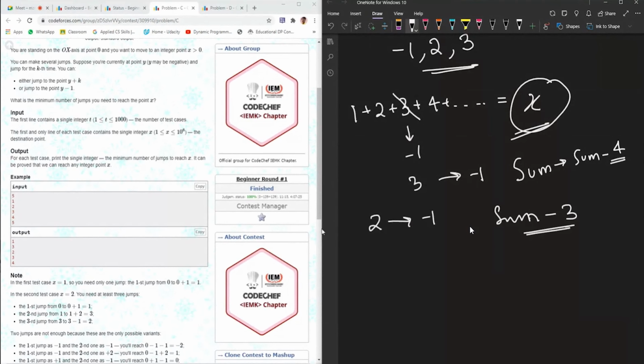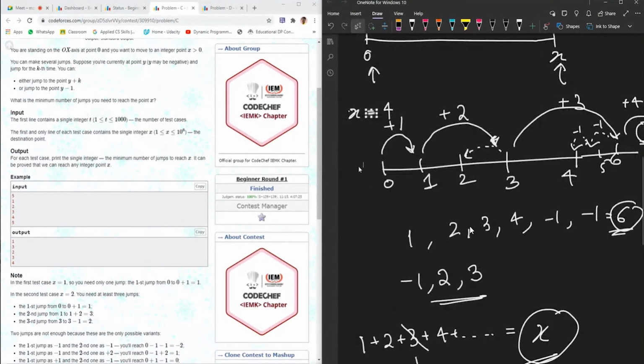And if I convert 1 to -1, I must subtract my sum by 2. So you see, the minimum subtraction that we have to do is 2. But what if we have to do a subtraction of 1?